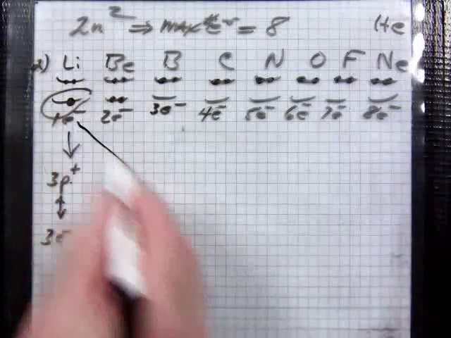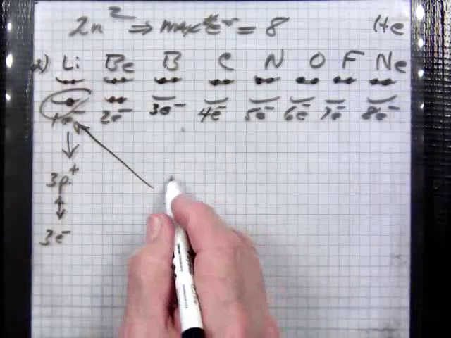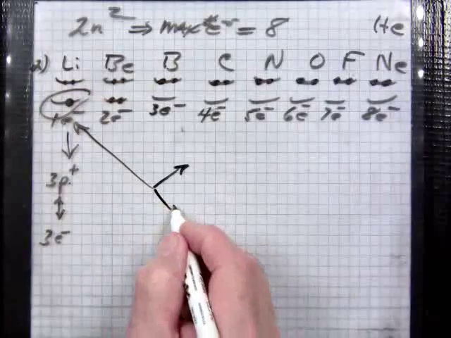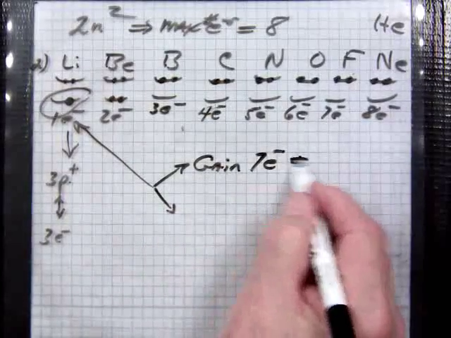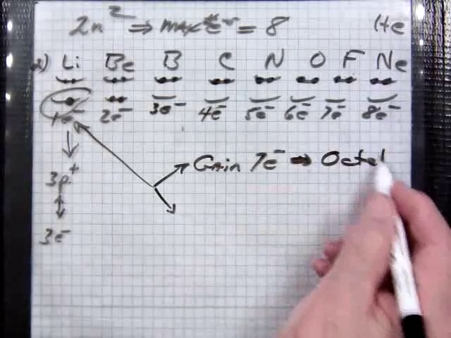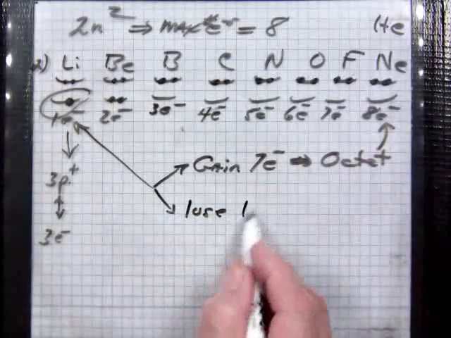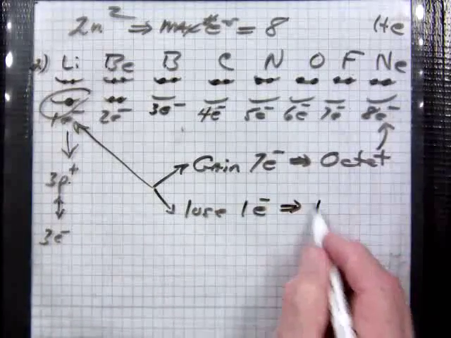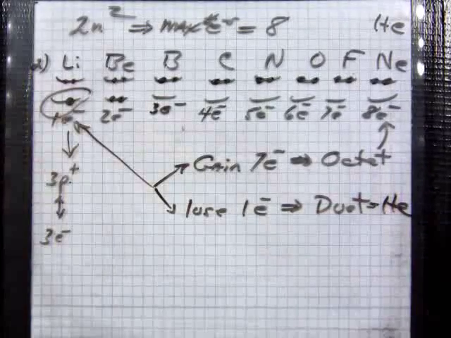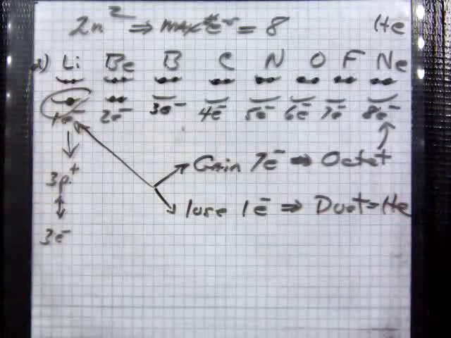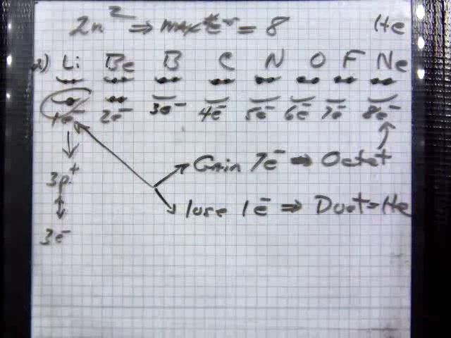That's the dilemma you face right now, and it's kind of obvious. Will it gain 7 electrons to give the octet, or the noble gas, or lose 1 electron to give a duet, which is like helium? They're either going to gain or lose to achieve a noble gas configuration.